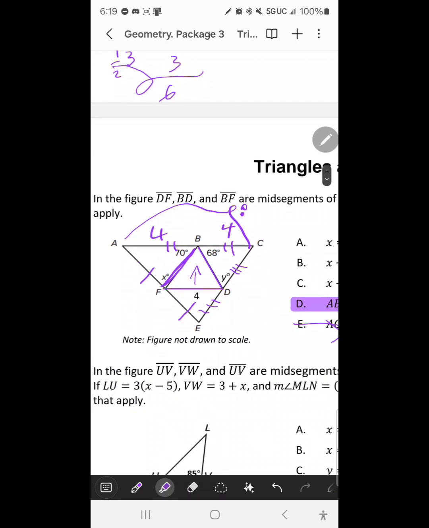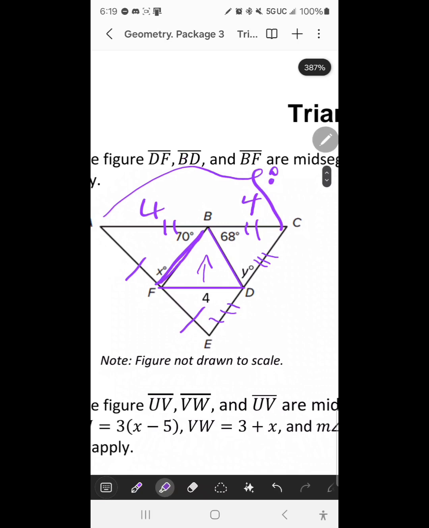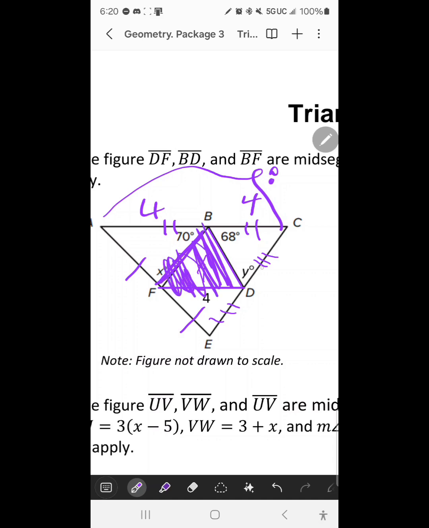Okay, now this is like I was explaining before. Let's suppose these two are not here. We have this little triangle right here, and this big triangle right here. Since they are similar to each other, this angle will be equal to this angle. Therefore, this angle will be 68 degrees.